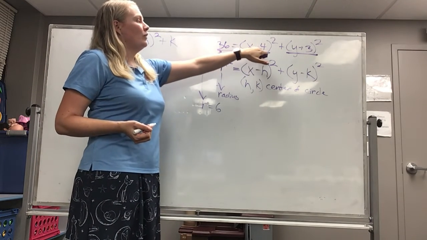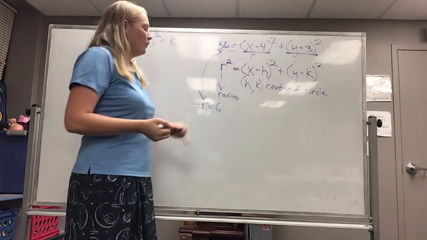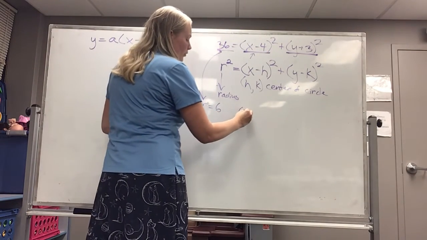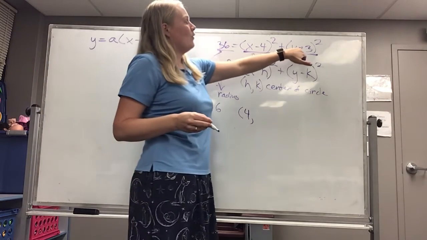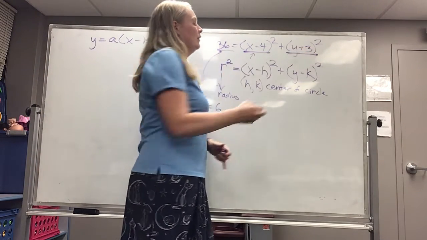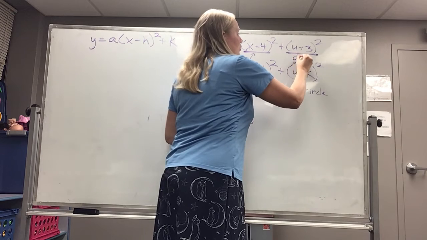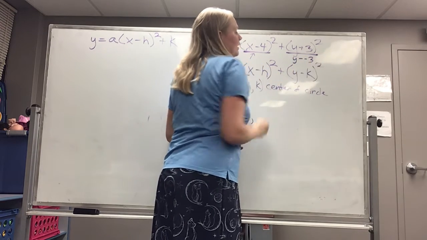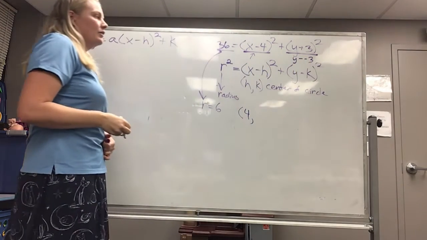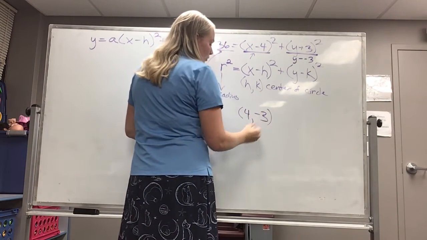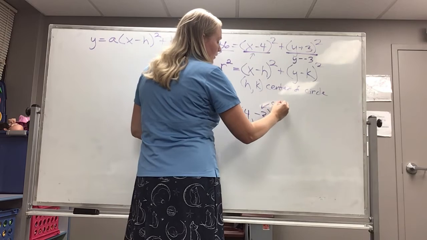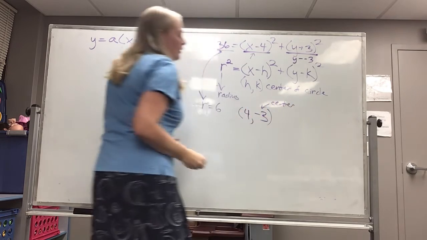If we have x minus 4, we need 4 minus 4 in order to equal 0, so our x-coordinate is 4. If we have y plus 3, you could go back to the equation and turn this into y minus negative 3, but it's a lot easier to say, oh, negative 3 is what makes that 0. So here is the center of our circle.